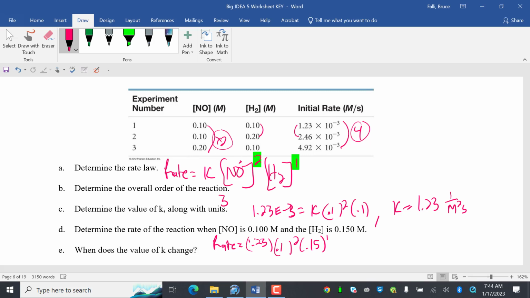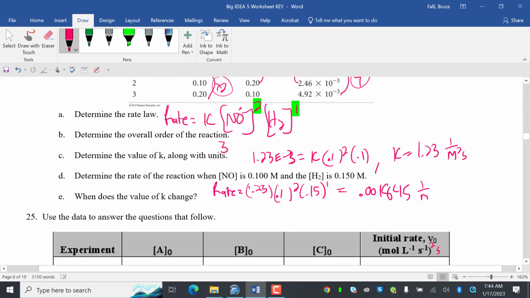So 1.23 times 0.1 squared times 0.15 equals 0.001845. That's okay. And then the units are still going to be 1 over molarity squared seconds. And when does K change its value? Almost never. Only when temperature changes.